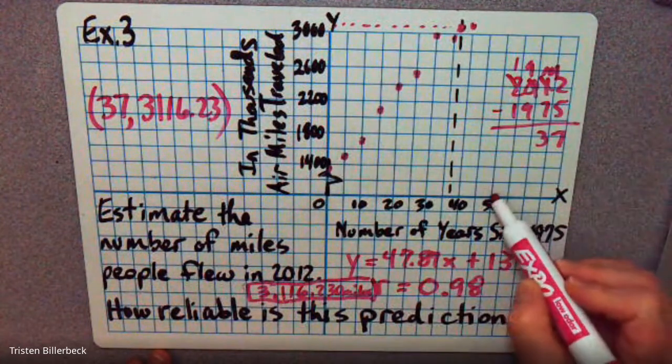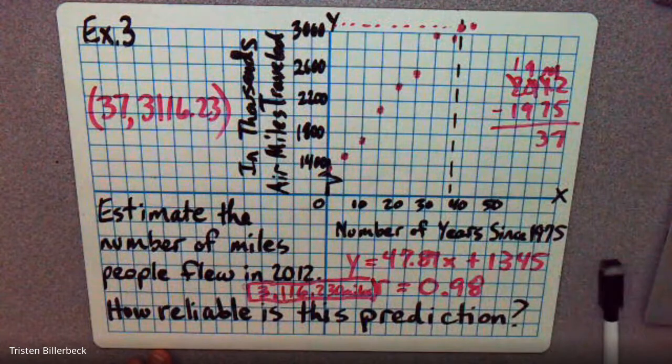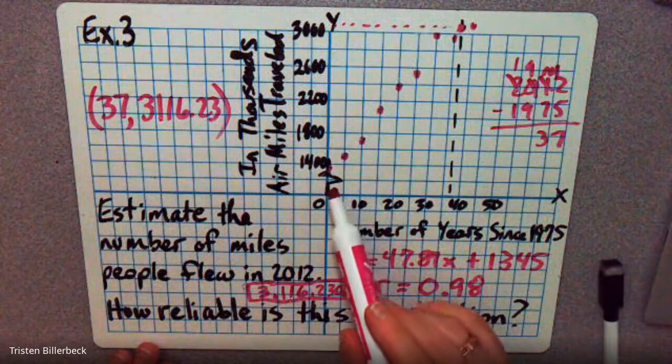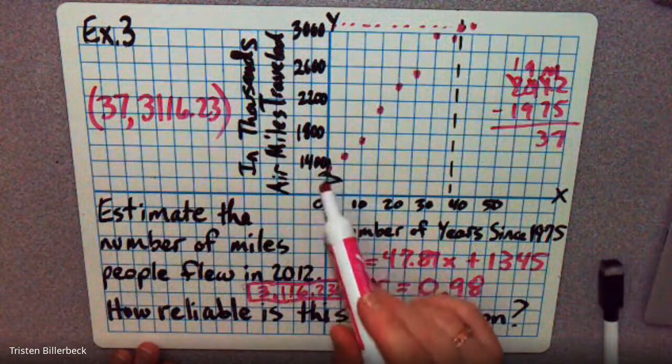Extrapolation would have been predicting what's going on in 50 years from 1975. We haven't been there yet. So how many would you predict? That's considered extrapolating.